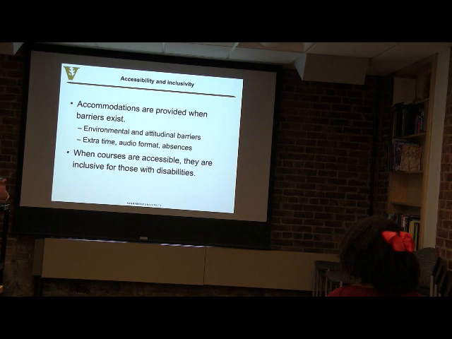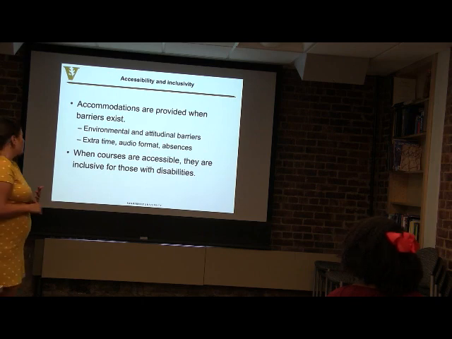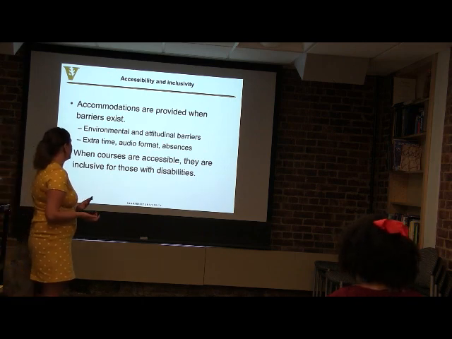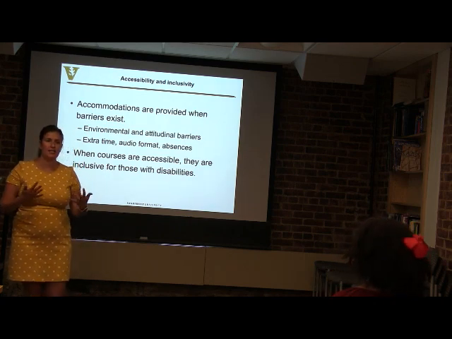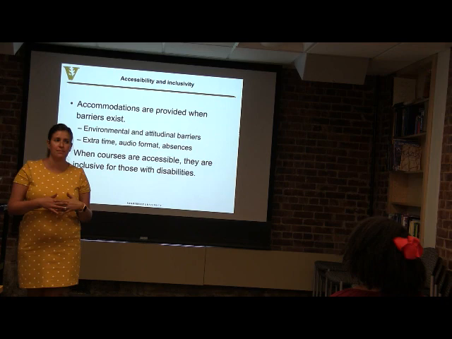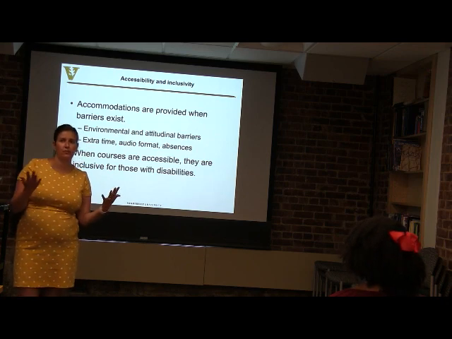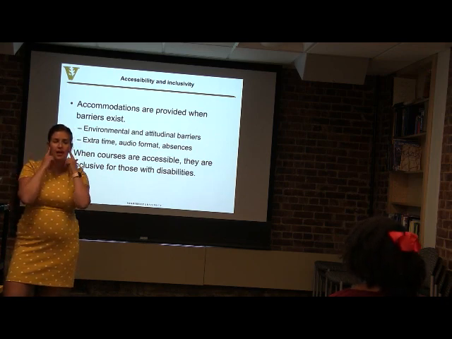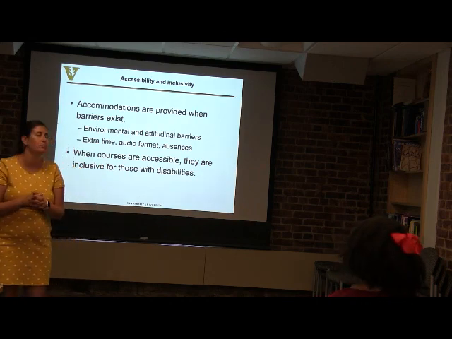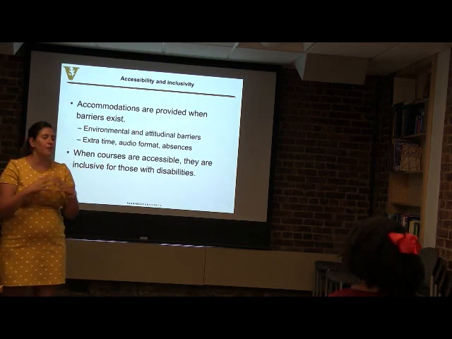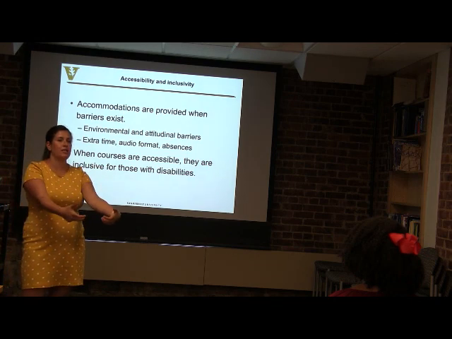So our office is here to provide accommodations. We say that accommodations are provided when barriers exist. So if a student cannot access something, let's go with something like dyslexia. Is everyone familiar with dyslexia? It is the difficulty reading. Your brain can kind of mix up letters and how they're shaped and formed. So the barrier might be that a professor hands that student a textbook.